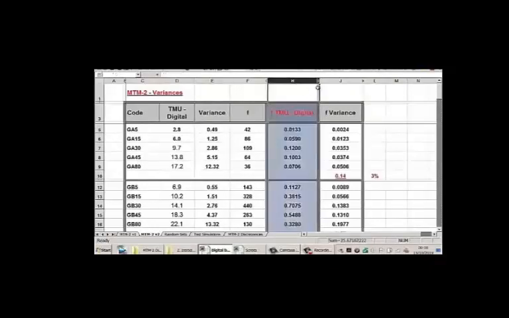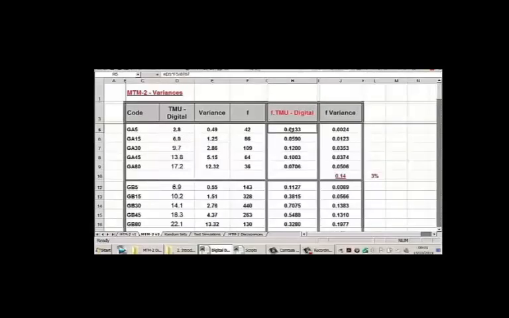These last two columns are again aggregation values. What I mean by that, they are the sum of the frequency of occurrence of the particular motion multiplied either by its variance or the TMU value.